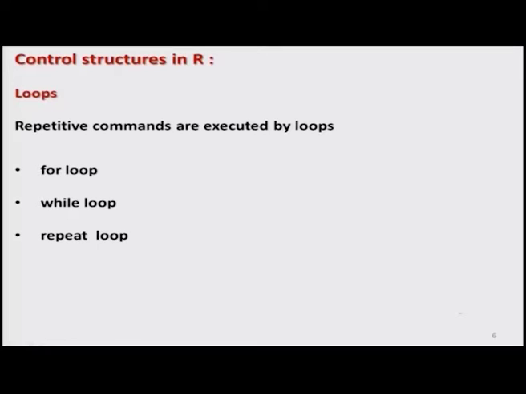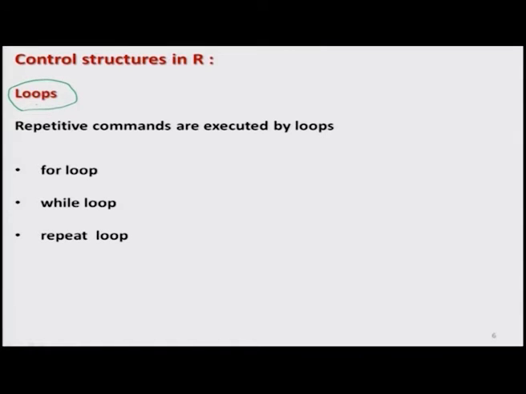After this, let us take up a new topic, which is again a control structure in R, and this is about loops. What is a loop and what is its meaning in a programming language? Whenever we are trying to write a program, many times we have a requirement that some statements have to be repeated a certain number of times.